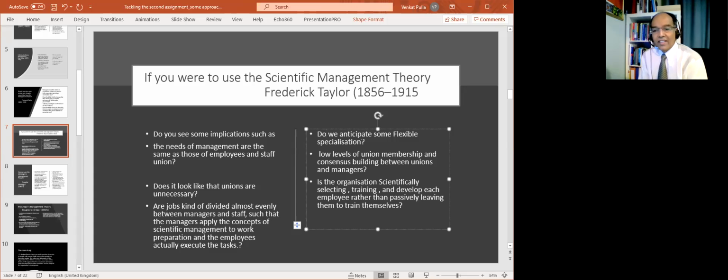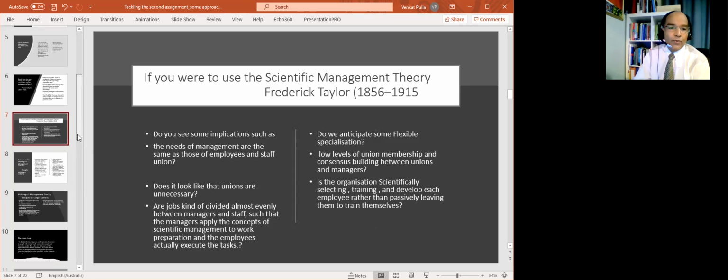Is the organization scientifically selecting, training, and developing each employee rather than passively leaving them to train themselves? So is there a performance appraisal system? Is there training, right from induction when you join an organization to anything that can go beyond? So that's an important indication for you.